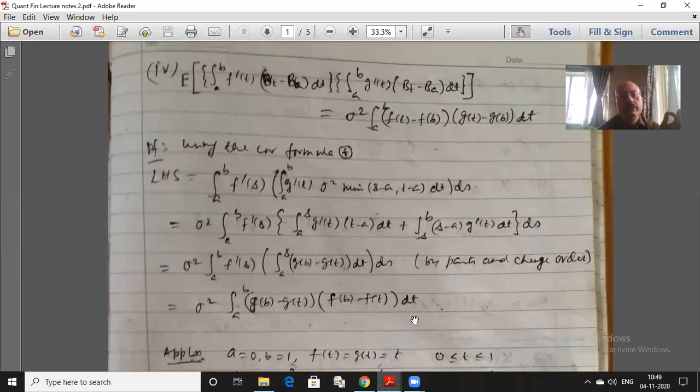The crucial step is the use of that covariance formula over overlapping intervals, and the rest of it is just high school calculus. Just look at these steps and ask me if you are not finding it clear. Otherwise, we will assume that this is clear to all of you. Just check the steps.